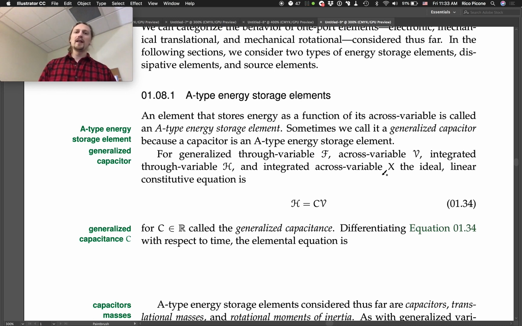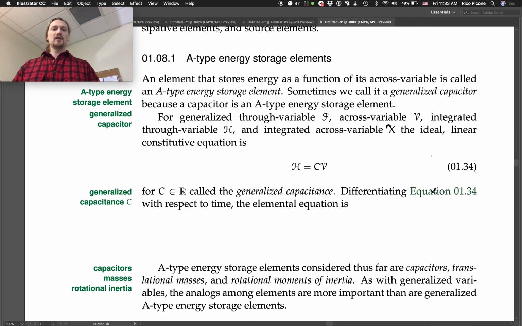So for generalized through variable f, across variable v, integrated through variable h, and integrated across variable x, should be a script x. The ideal linear constitutive equation is that h is proportional to v with constant of proportionality c, which is called the generalized capacitance.